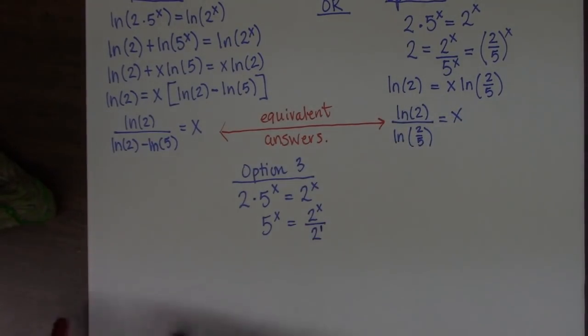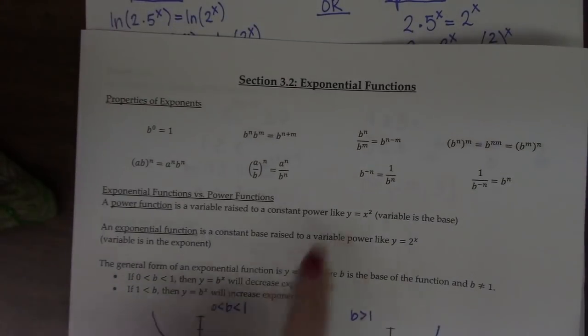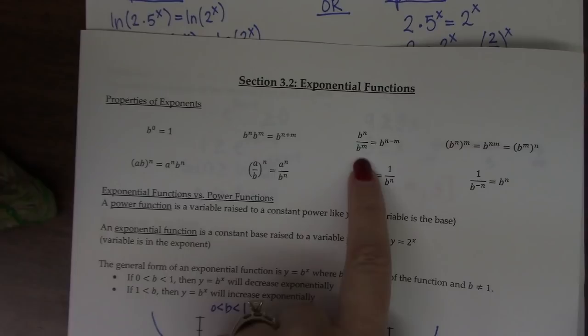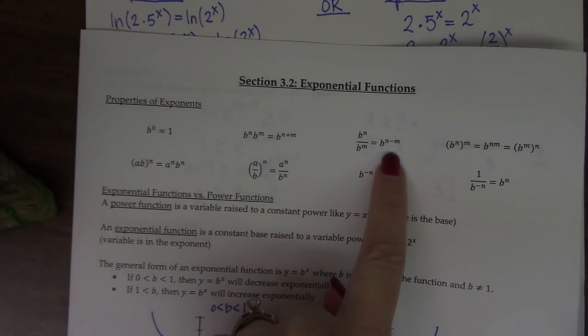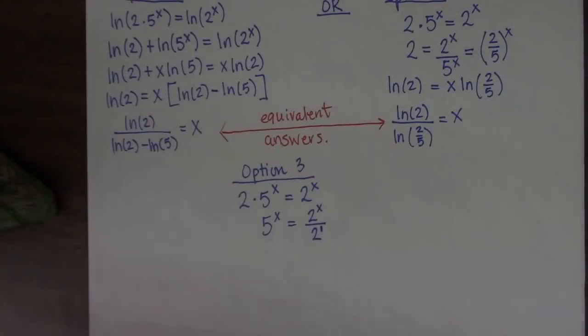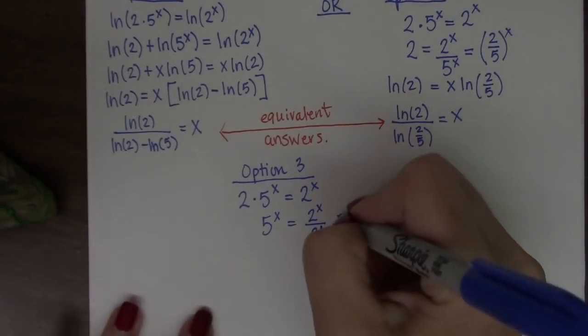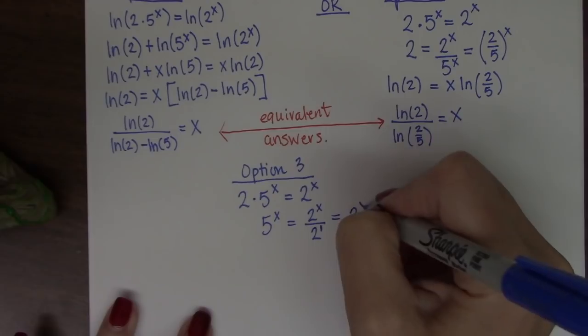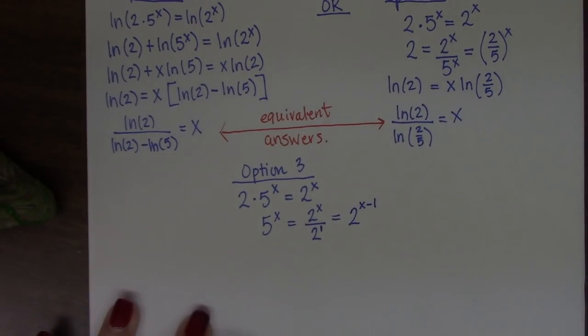Well, this is really 2 to the 1. So if you go back and look at your exponent rules, if you have the same base over the same base, you can combine them by taking the numerator exponent minus the exponent in the denominator. So that means this is the same thing as 2 to the x minus 1.